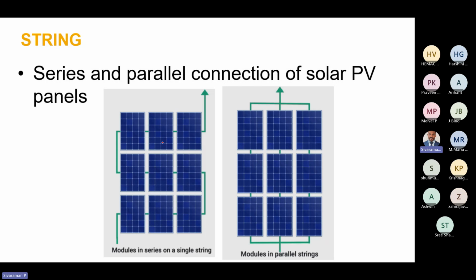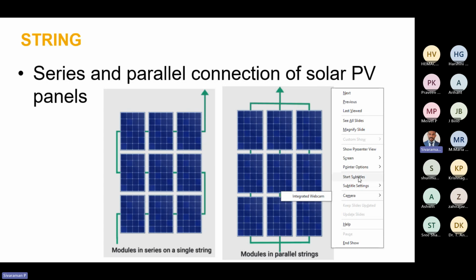Stringing means a series and parallel connection of multiple solar PV panels. In this figure, you can see the typical solar PV module series connection, and on the right side, the typical solar PV modules in parallel connection.